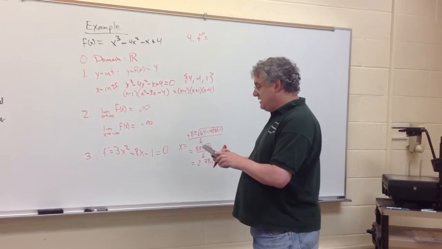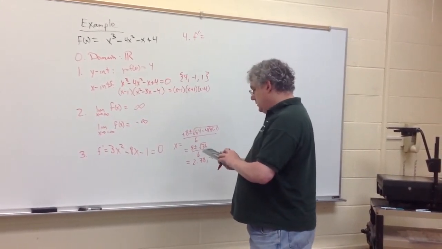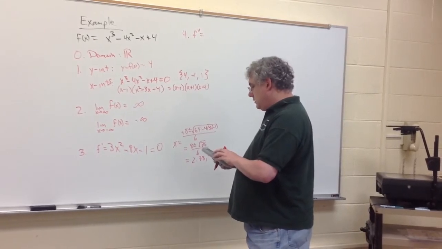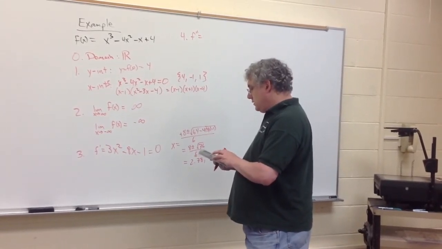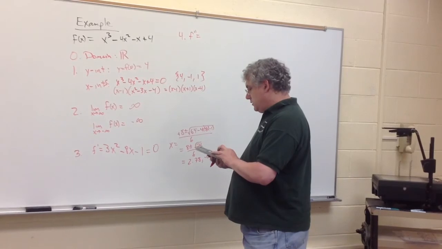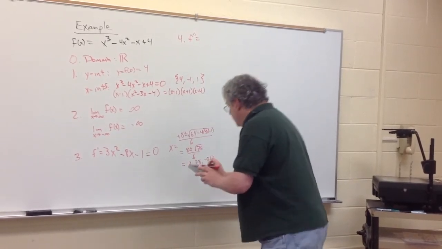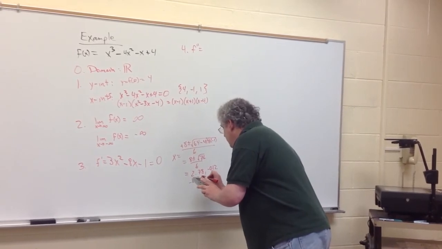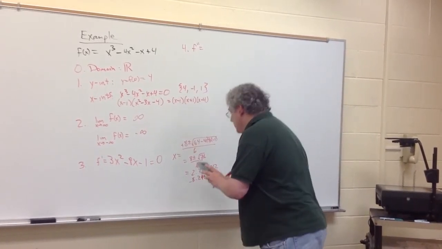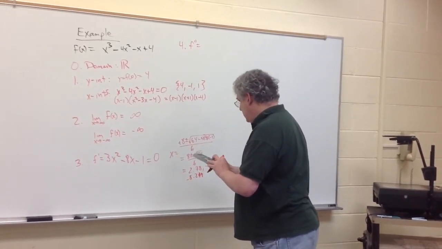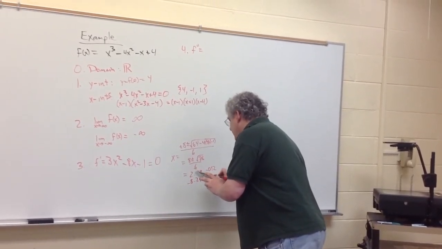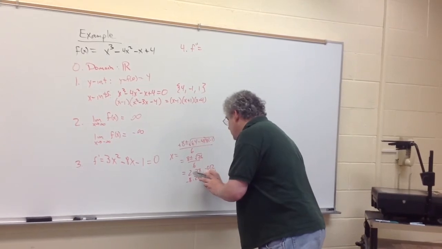Using the handy dandy table here, I get negative 8.21 and positive 4.06.